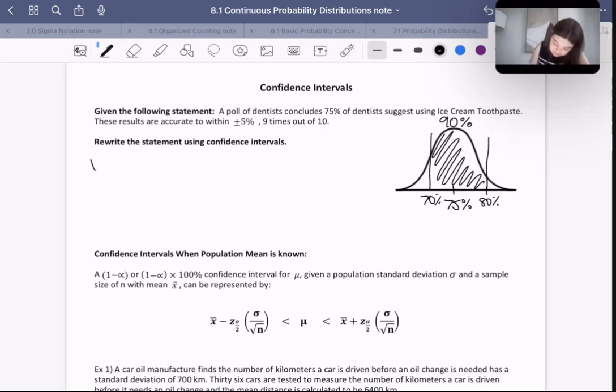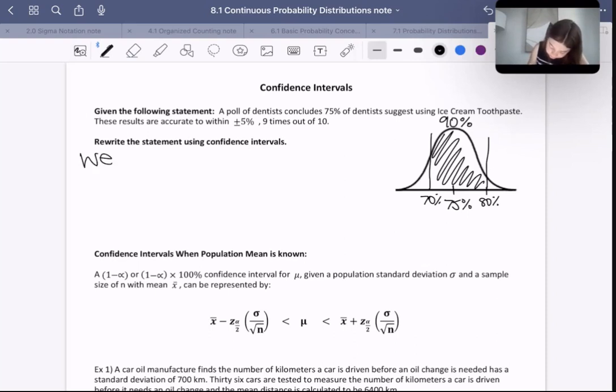We could say that there is a 90% probability, or that's maybe not the best wording.